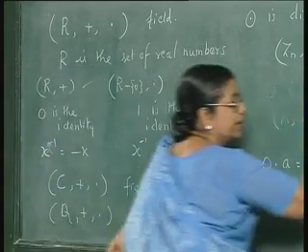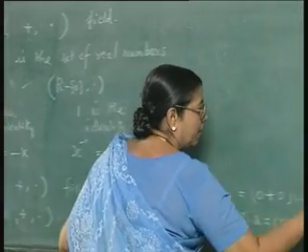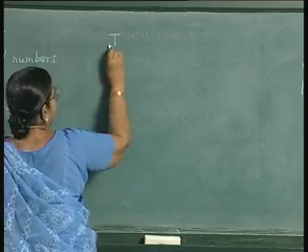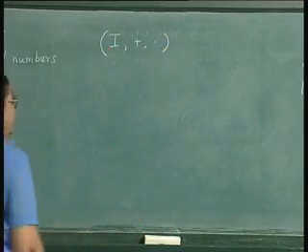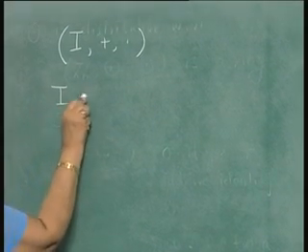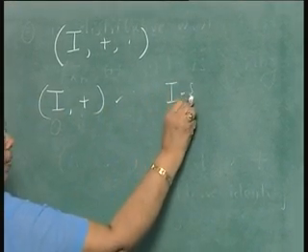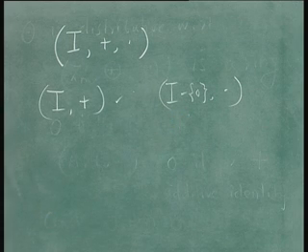Now, look at this. Set of integers, plus, dot. Is this a field? This is not a field because the first condition, (I, +) is a group, is okay, but (I minus 0, ·) is not a group, because if you take some element 3, what will be the inverse of 3?